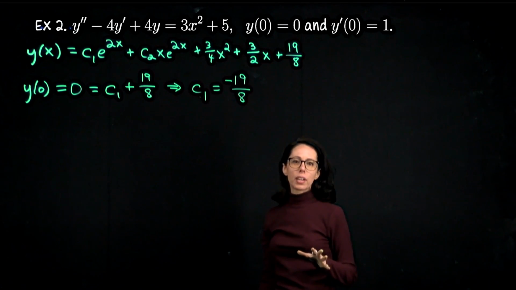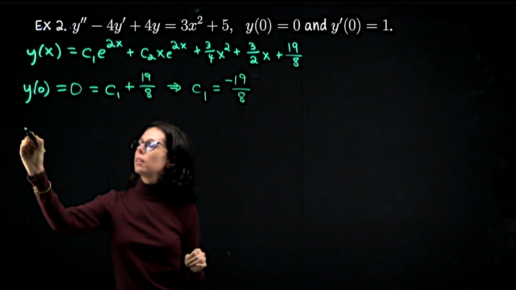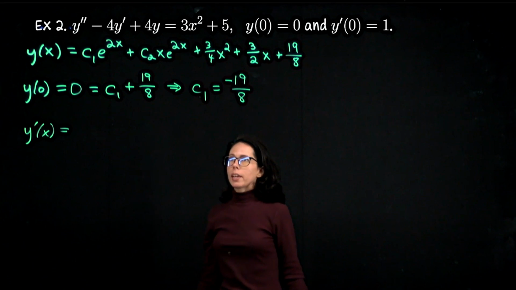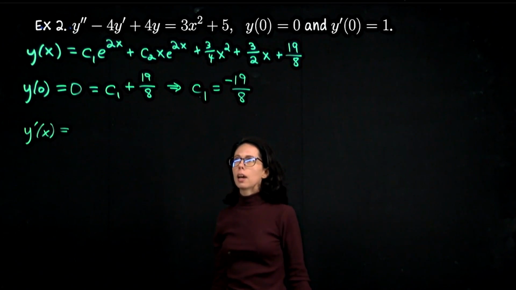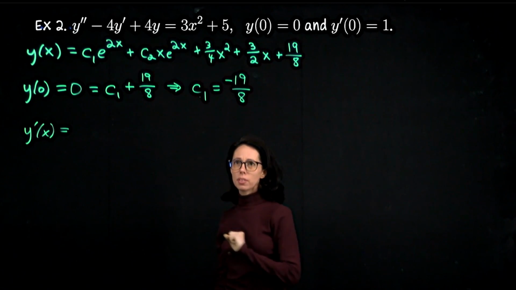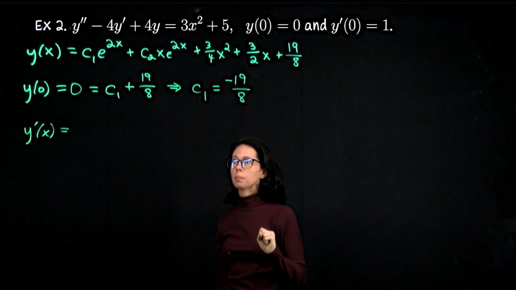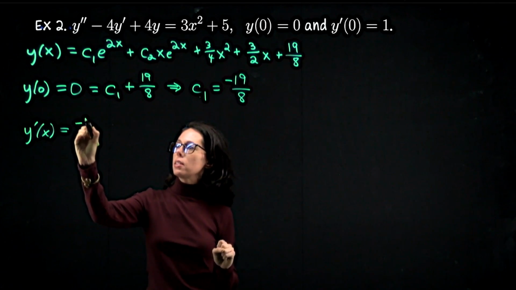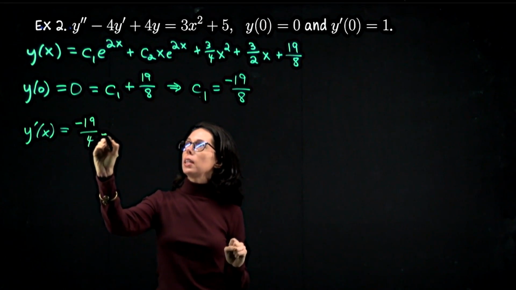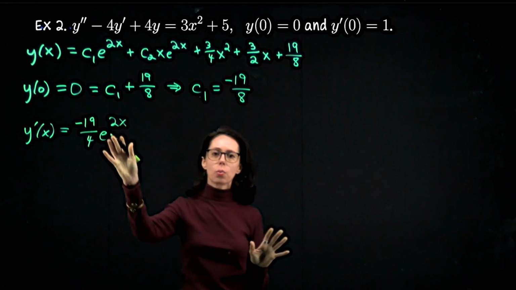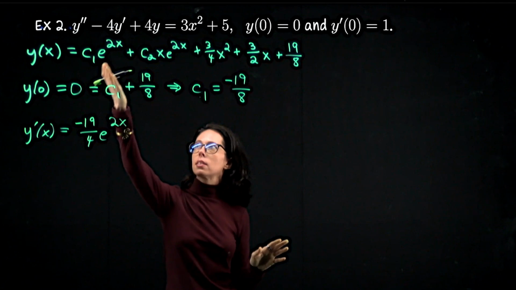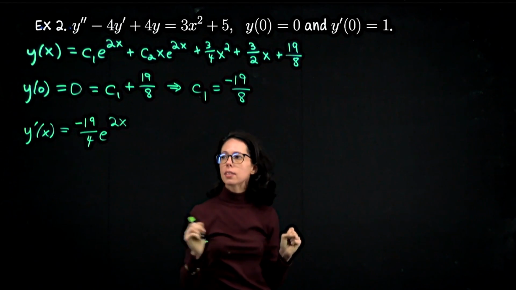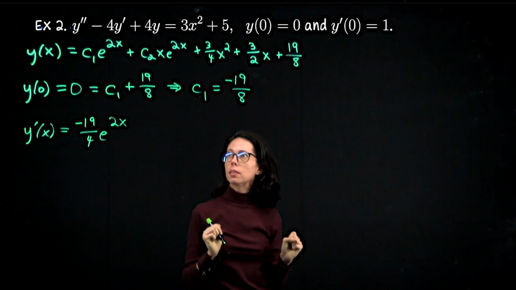We have to take the derivative. So a little bit more work left. When we take our general solution and differentiate it, how about I go ahead and use the value of C1 that we just found. So we will have 2C1, that's negative 19/4 e to the 2x. Okay, so what did I do? I differentiated this. 2 came down. 2C1 is twice negative 19/8. That gives me negative 19/4.